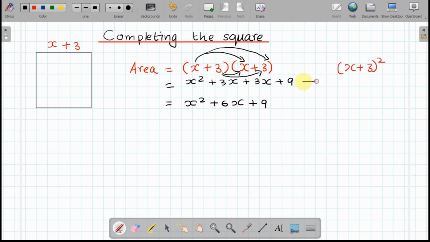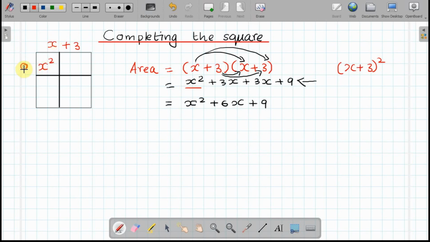I'm going to represent this line on the diagram over here. So I'm going to do that first by drawing these lines in here. Okay. So firstly, this x squared, that part is over here.